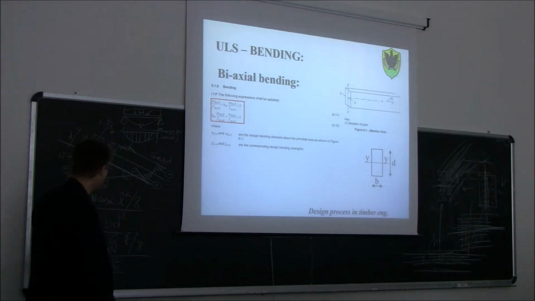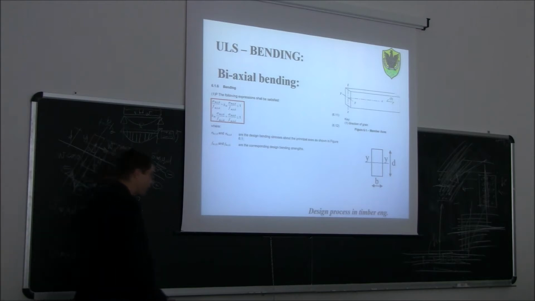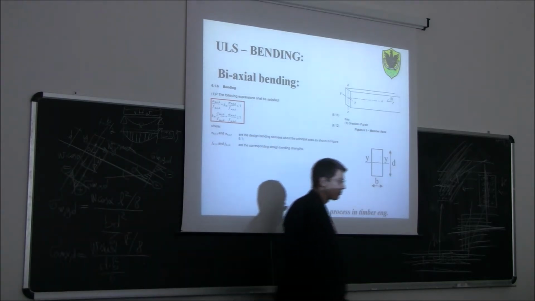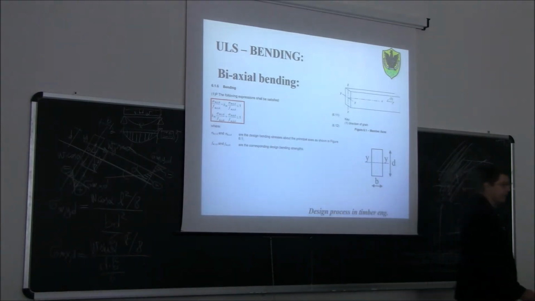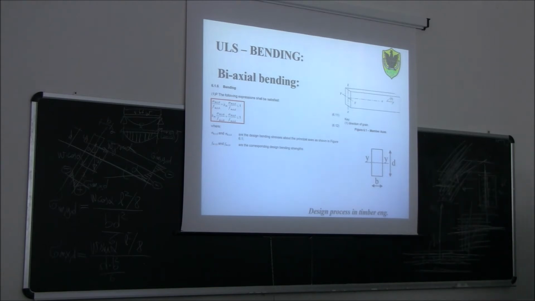Okay, so now, getting to this point, what you were used to doing in mechanics of structures to check the safety of the structure. So what are you doing then?